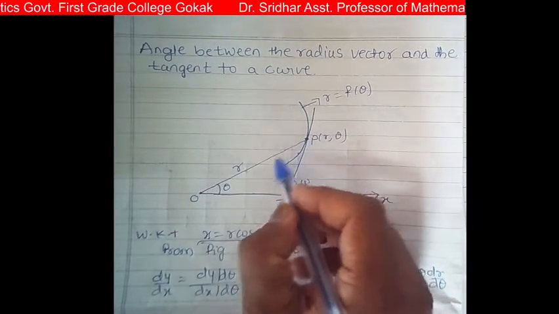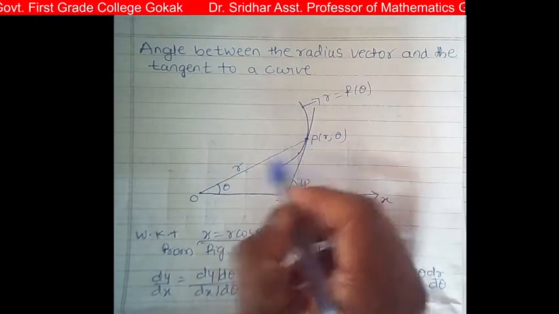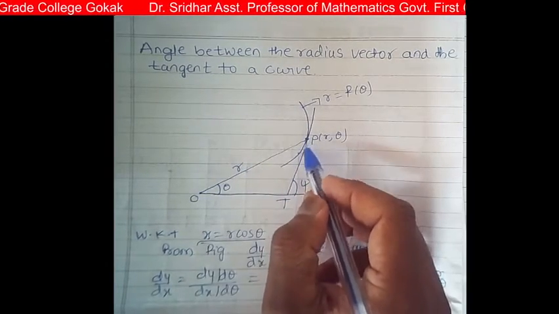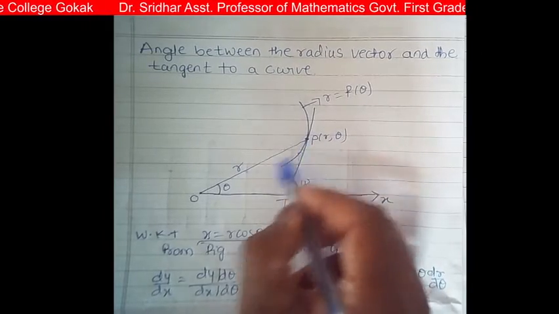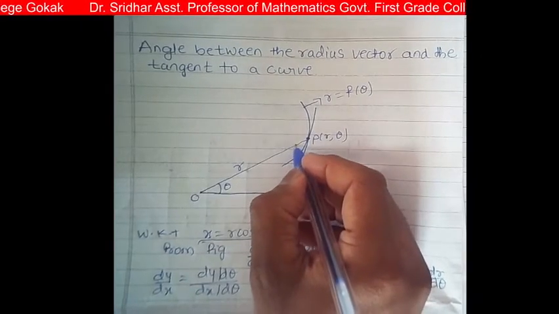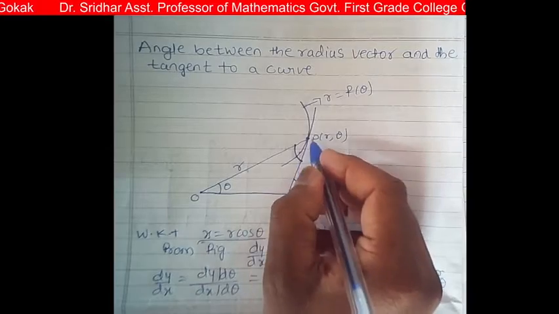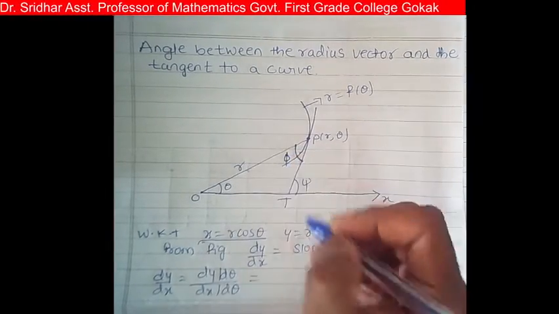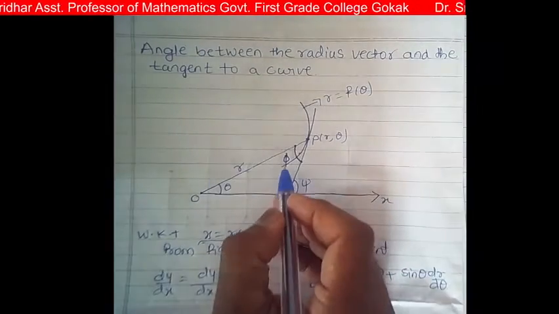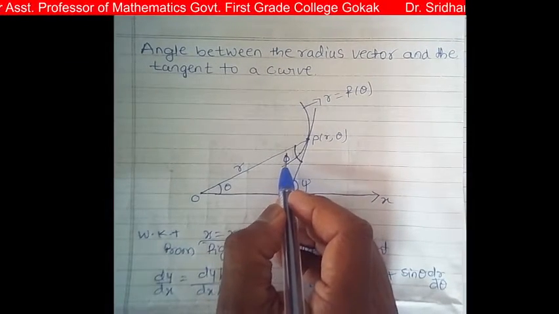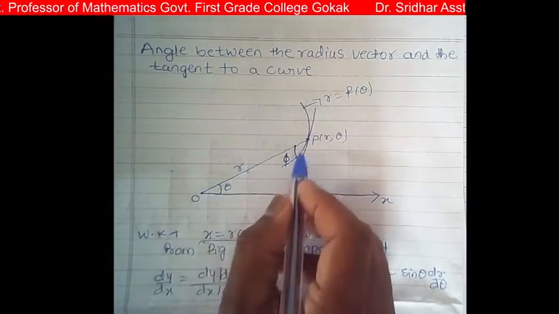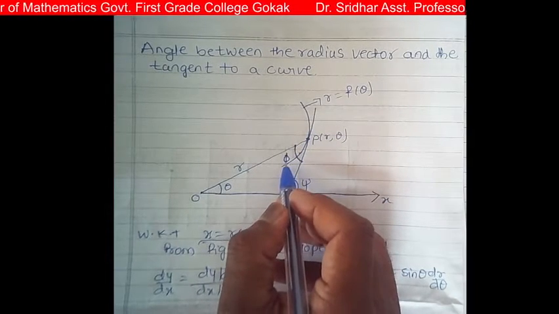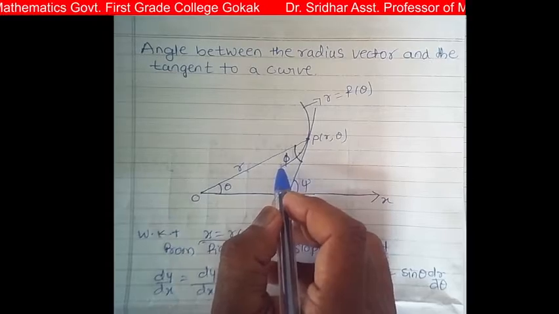This is the radius vector and this is the tangent. The angle between the radius vector and the tangent, let it be phi. So this phi is known as the angle between the radius vector and the tangent. We have to find the expression for this phi.